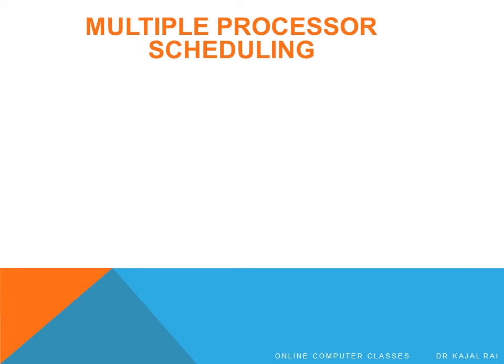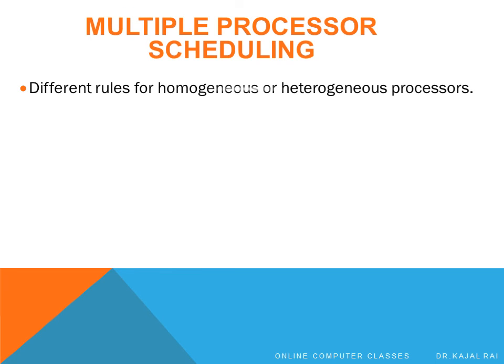Next, multiple processor scheduling. Now, what is multiple processor scheduling? There are many processors, but there are different rules for the same type of processors and different types of processors. So there are different rules for homogeneous and heterogeneous processors.